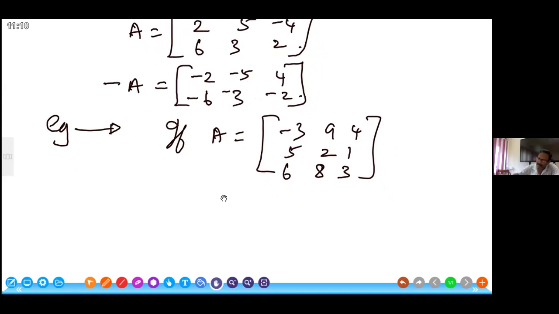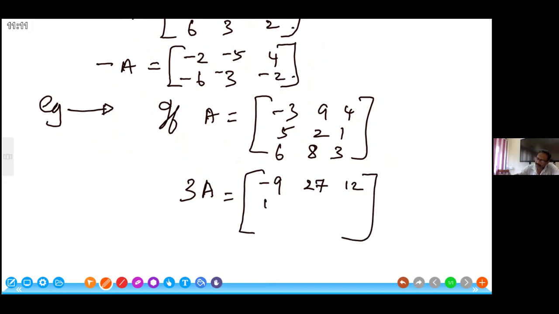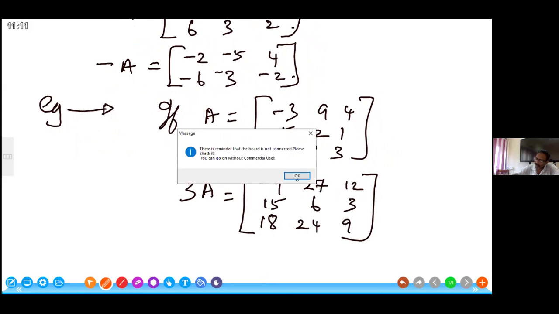If I multiply by a scalar 3, 3A will simply be minus 9, 27, 12, 15, 6, 3, 18, 24, and 9.